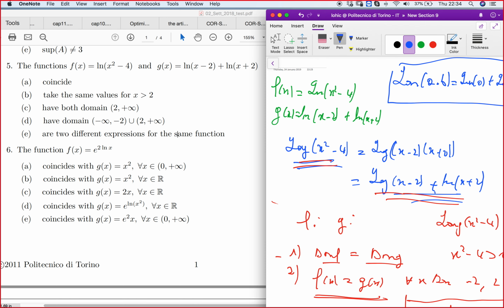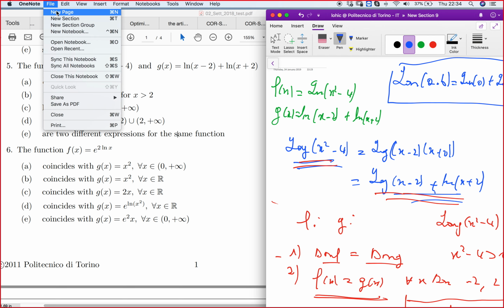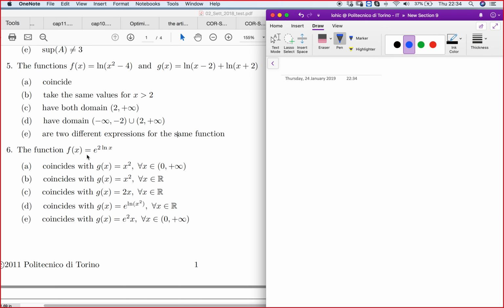Nice. Okay, we now solve MCQ number 6. In MCQ number 6, the same situation is addressed, because you have f of x equal to exponential of 2 ln of x.